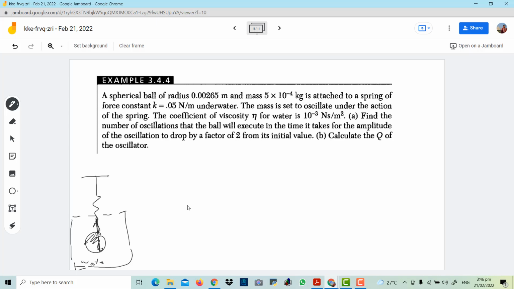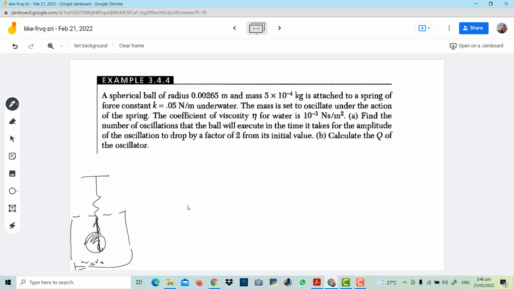Okay? So the question is, how many times will your ball oscillate in such a way that the amplitude of the oscillation will drop by a factor of 2 from its initial value. So meaning, if your amplitude is 10 meters, how many oscillations will it take until the amplitude is only 5 meters.